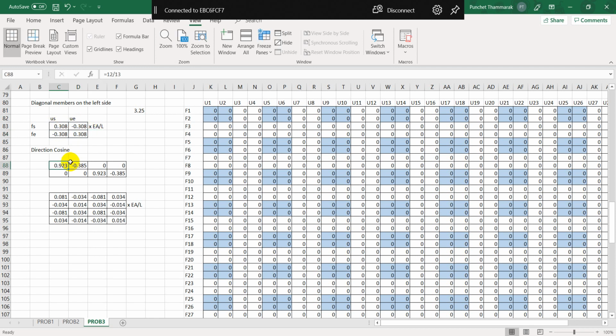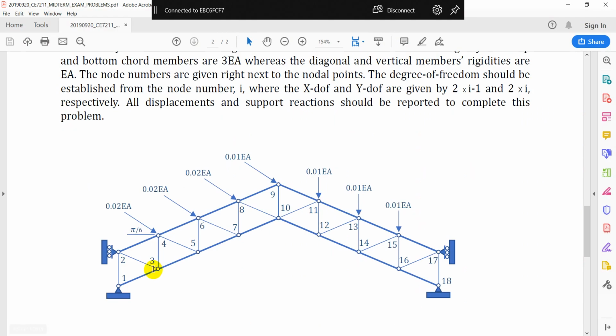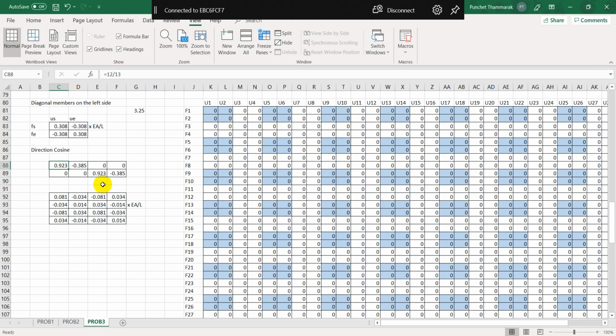Okay, how about the geometry? I'm gonna use this as a starting node. This is an ending node, so it's gonna have the minus. For the sine value is minus. Okay, and for the cosine value 3, right, is equals to 3 divided by the 3.25. 3.25 is a diagonal member length.